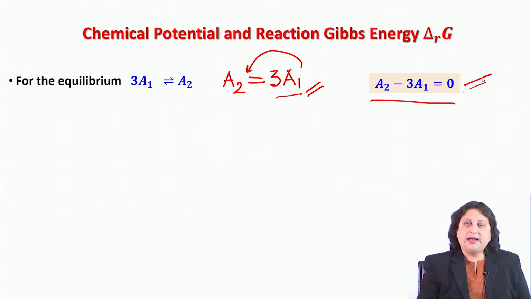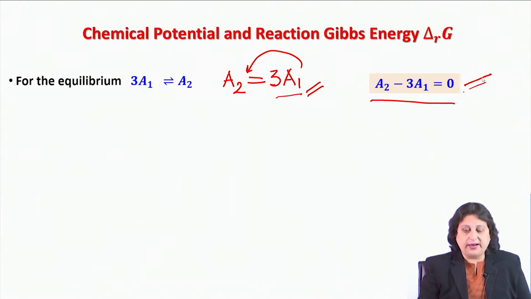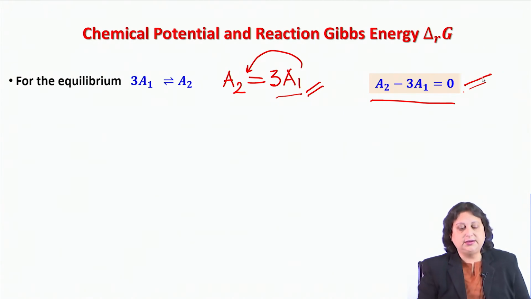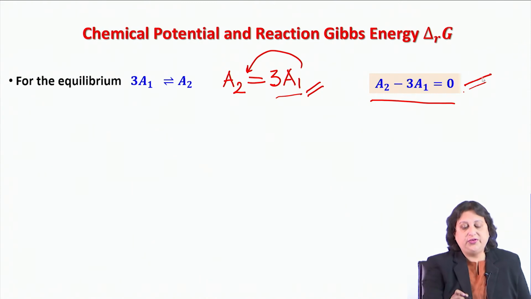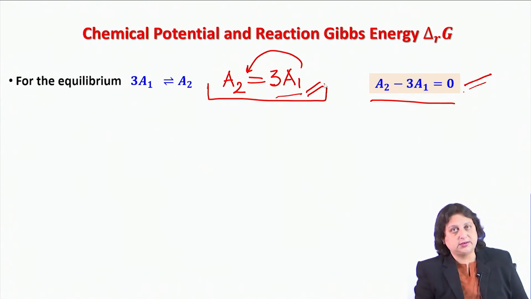You see that each species present in the chemical reaction, whether it is the reactant or the product, is present on the left hand side of the equation. And also we find each of them has a coefficient which is nothing but the stoichiometric coefficient as given by the balanced chemical equation.